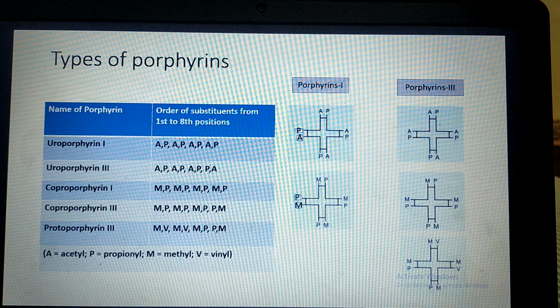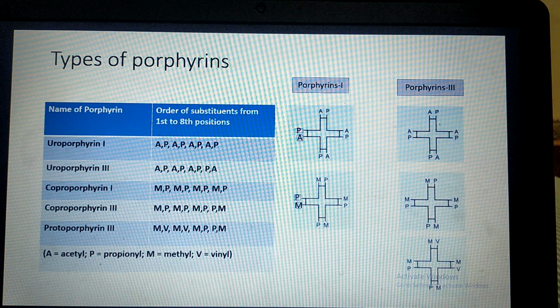In coproporphyrin 3 the substituent groups are the same, but there is again alteration at the 7th and 8th position. On the 7th position you will find propyl group, and on the 8th position methyl group. Now if you see here, porphyrin 1 has a symmetrical arrangement of substituent groups, whereas porphyrin 3 has an asymmetrical arrangement of substituent groups.